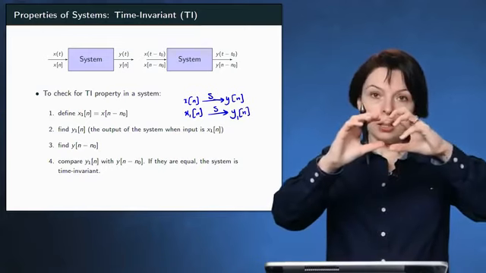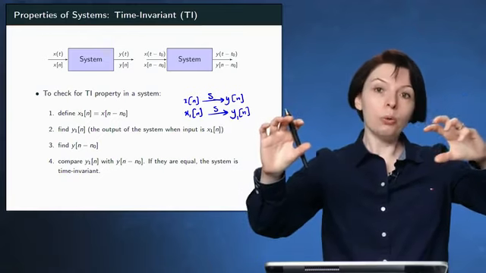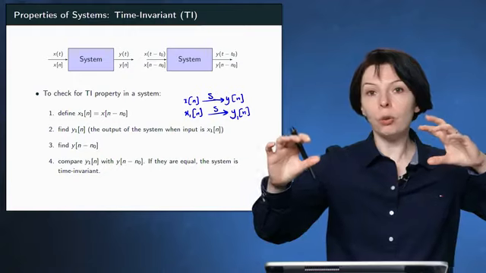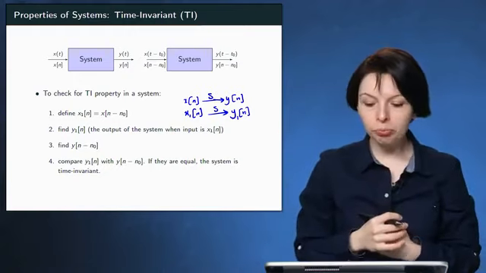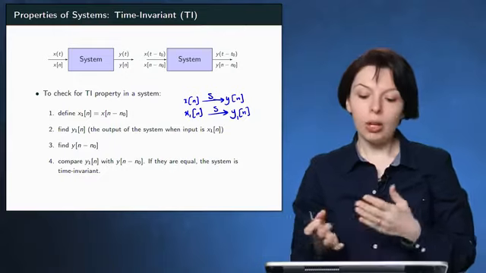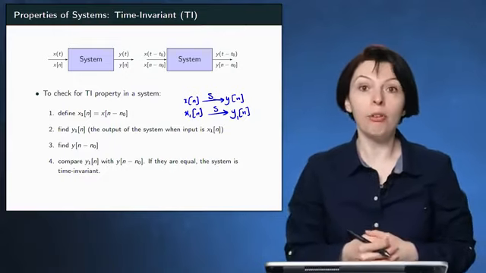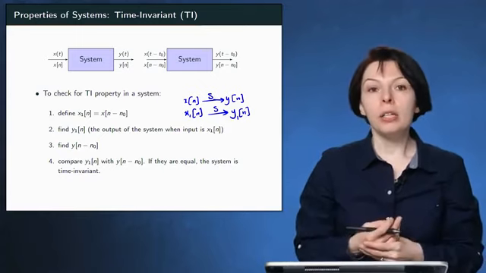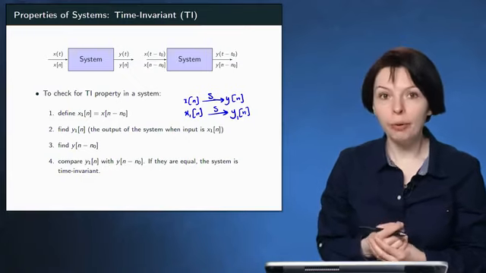So if I have the relationship between x and y through my system, I can find the relationship between x1 and y1, or I can find y1 if I have x1 of n. I need to have the explicit relationship between these two of my system. All right, so step 3, I need to find y of n minus n naught, the shifted version of y of n.